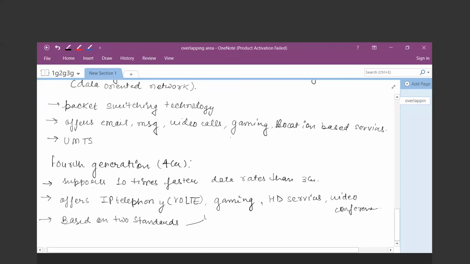The first one is WiMAX and the second one is Long Term Evolution, LTE. So that's why the standards are different and the functionalities are also different. So that's why you have to buy new phones to access the services of 4G.